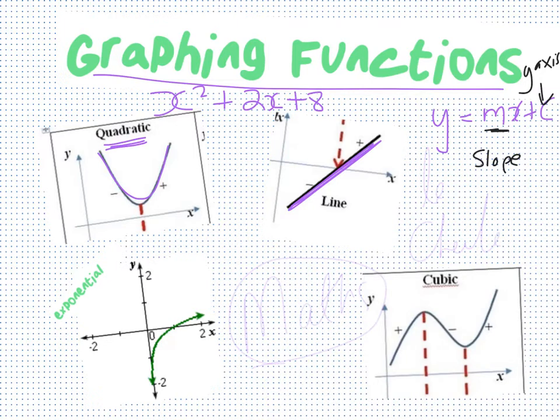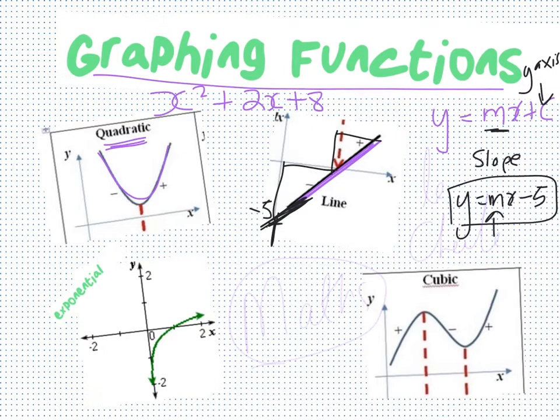In this case, we might say this line hits the y-axis at, say, minus 5. So we could tell straight away this is going to be y equals mx minus 5. So we will be able to deduce a small amount from looking at the graph. To get the slope with this one, we would do rise over run and work it out that way.